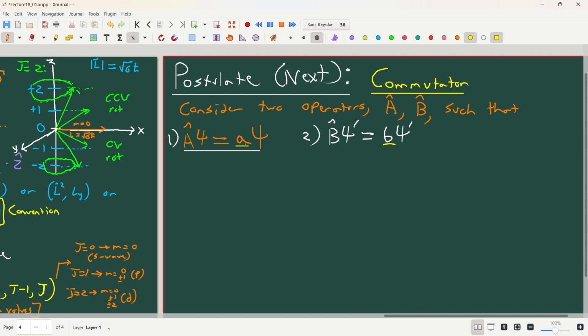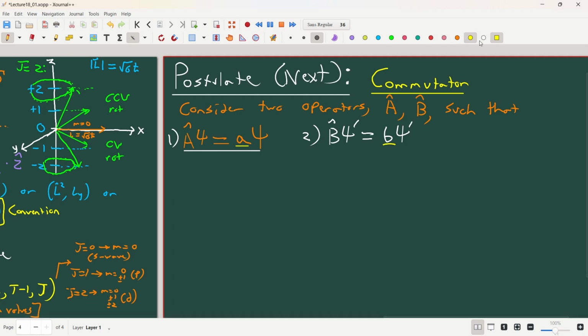All right, so the question I want to answer is, is it possible to find a set of wave functions that I can apply A to and B to and get answers back? Can I define a wave function such that psi and psi prime are the same? What does that mean? Well, if I have a set of wave functions that satisfies energy, H psi is equal to E psi, what are the operators that I can apply to those wave functions that also give me numbers back?